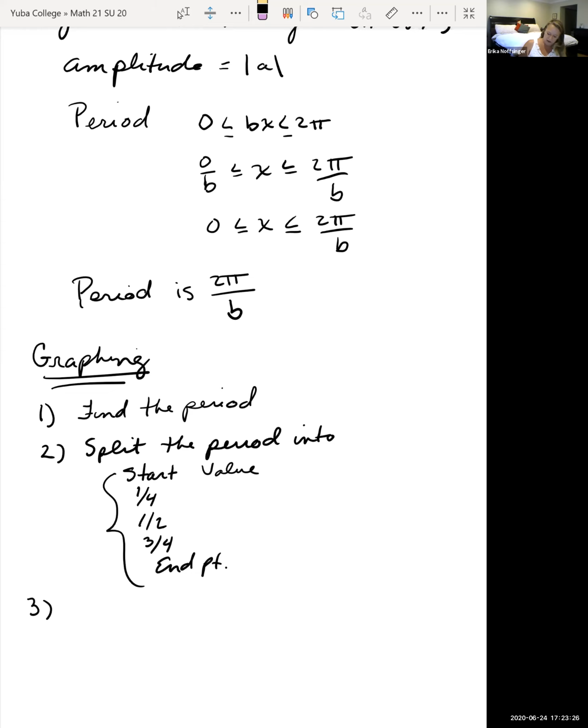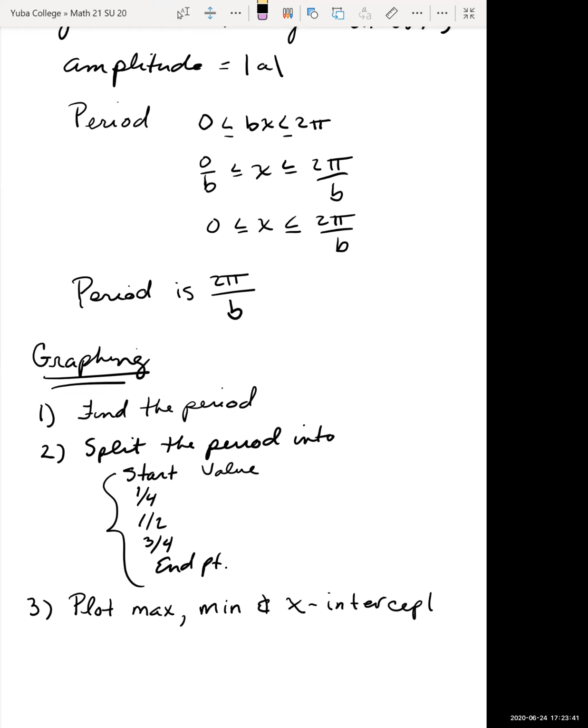And so plot your max, min, and x-intercepts by the numbers found in part 2.